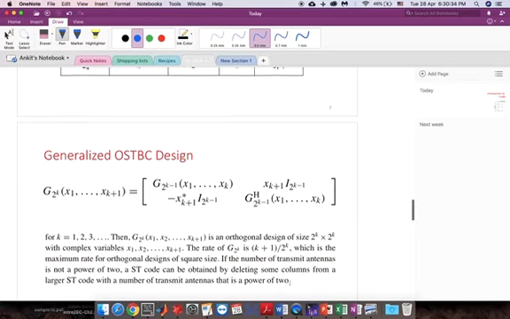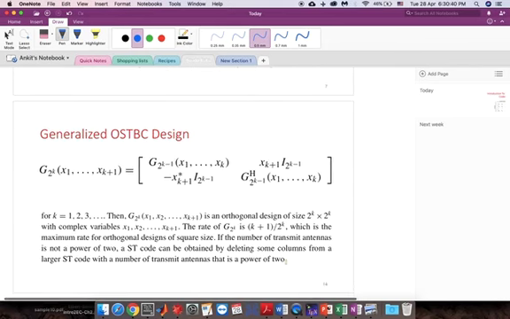Now how can we design a generalized OSTBC? This is a basic formula to design any OSTBC. For example, for k equals 1, it means there would be two symbols, x1 and x2.